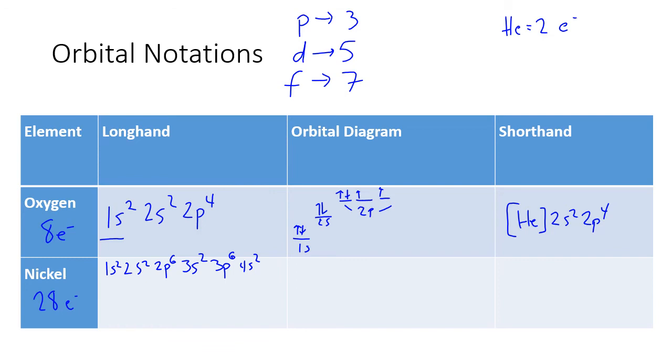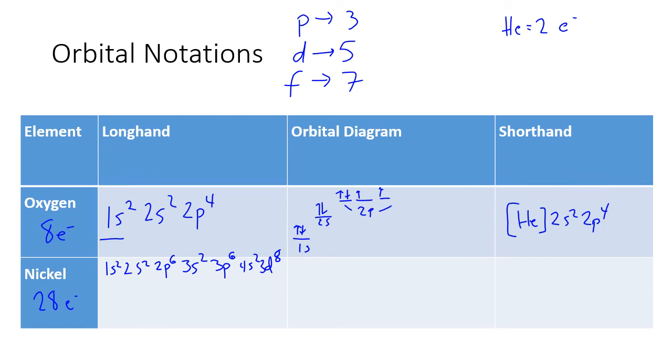And so the 3d orbital is actually the next thing. Right now we have 20 electrons in terms of what we've already written down, and so I only need 8 more to get to 28. D orbitals can hold a maximum of 10, and so that would be the configuration for nickel.